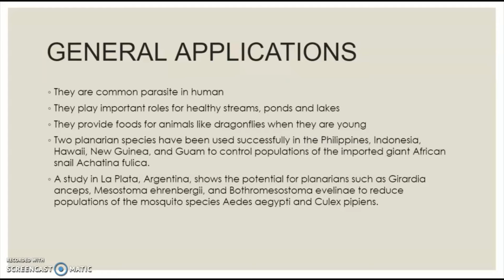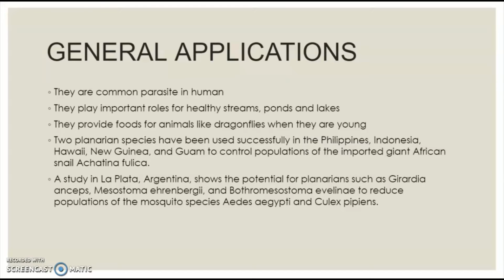General application. First, they are common parasites in humans. Second, they play important roles for healthy streams, ponds and lakes. Third, they provide food for animals like dragonflies when they are young. And fourth, 2 planarian species have been used successfully in the Philippines, Indonesia, Hawaii, New Guinea and Guam to control the population of the imported giant African snail Achatina fulica.